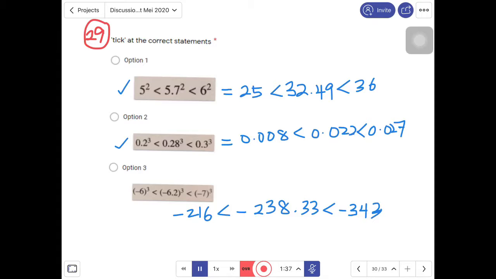So as we all know that for negative number, as the figure is greater, but when it's negative, actually it is more to the left. So this is actually the smallest. So negative 216 is greater than this and is greater than this. So option number 3 is wrong.